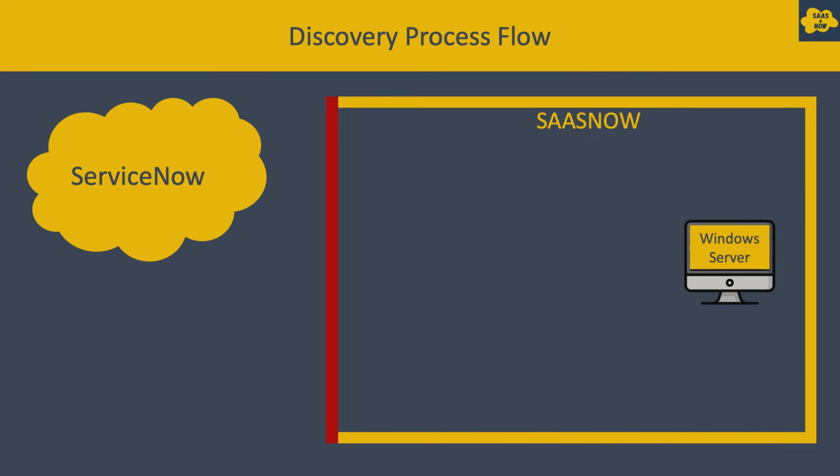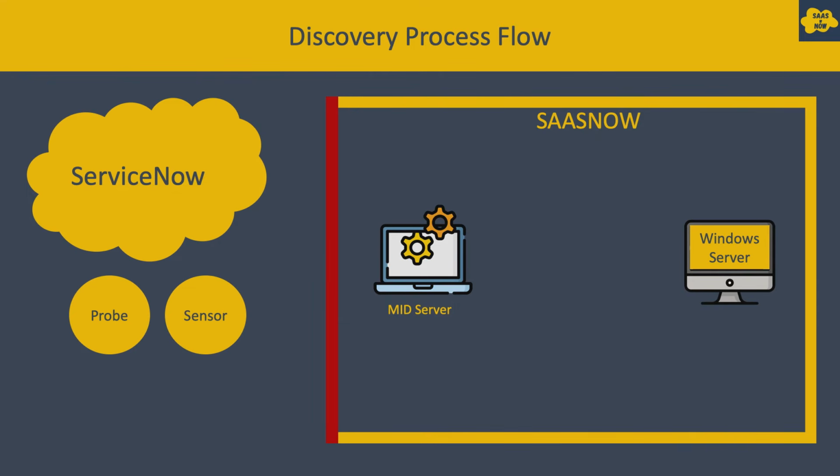The company has a Windows server which has to be discovered and updated in CMDB. Let's say this company implemented discovery and installed the MID server in the internal network. As part of the main components of discovery, we create probes and sensors in the instance. We also have ECC Queue, which is an out-of-the-box module to manage messages from external systems.